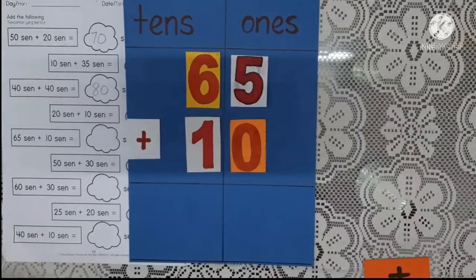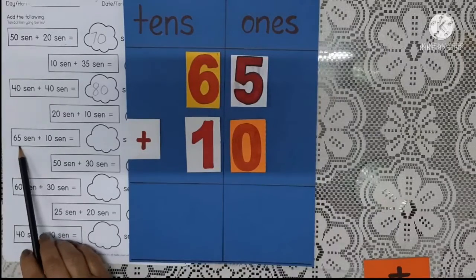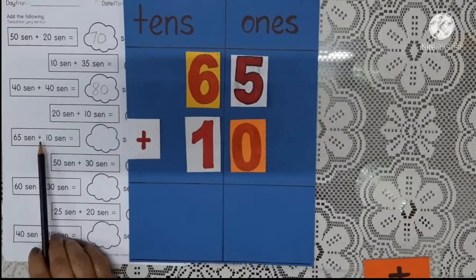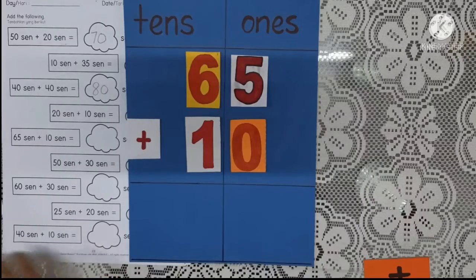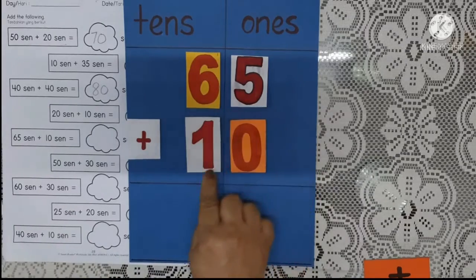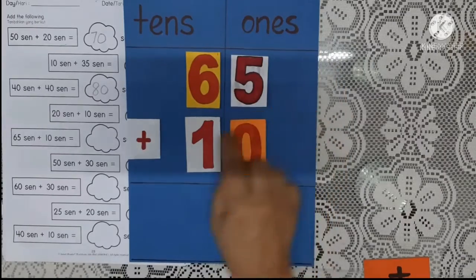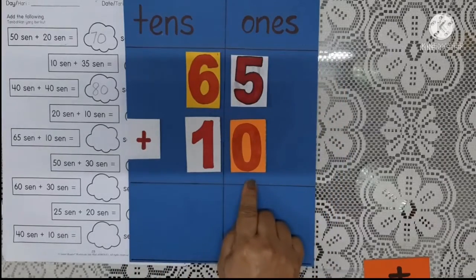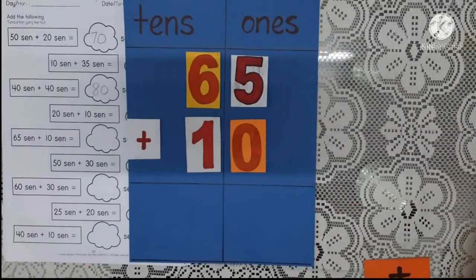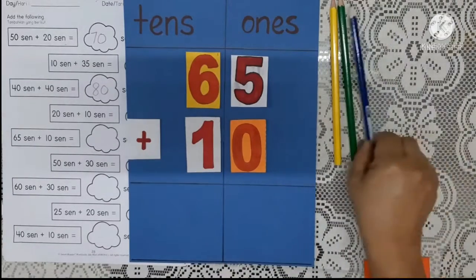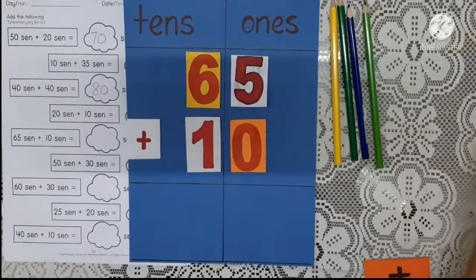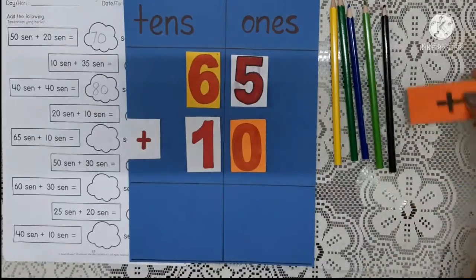Now children, the next question. 65 cents plus 10 cents. Now 65 plus 10. Now let's do the ones column first. 5 plus 0. Now let's take 5 pencils. 1, 2, 3, 4, 5.